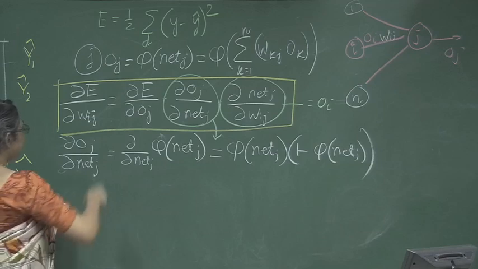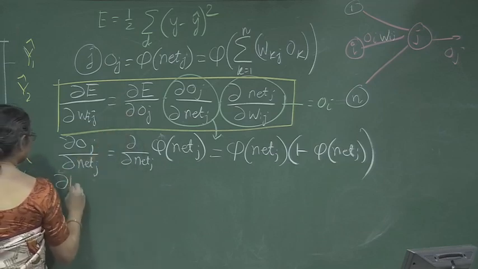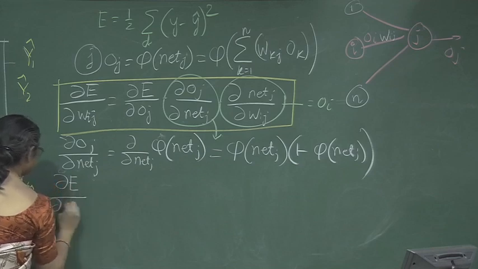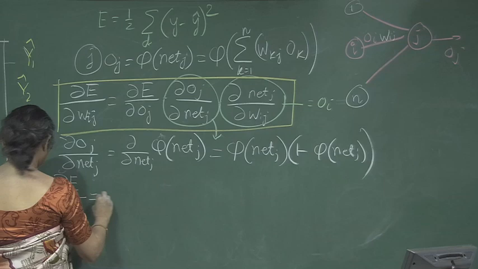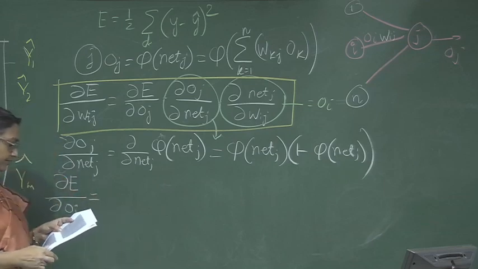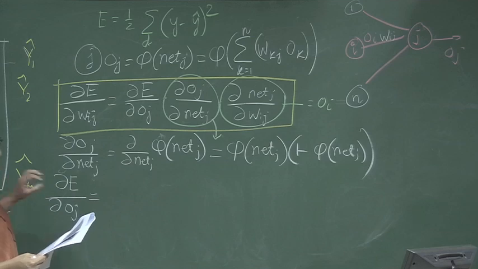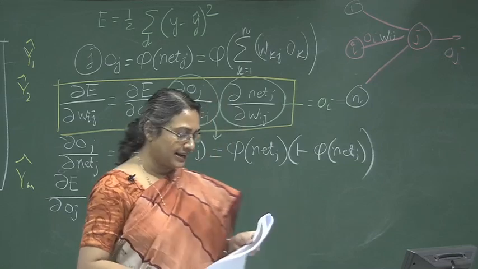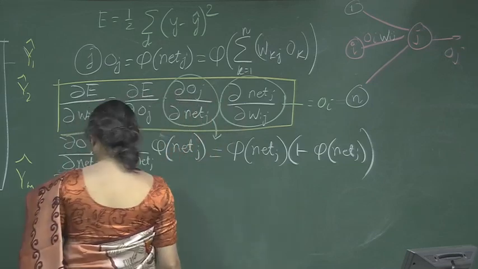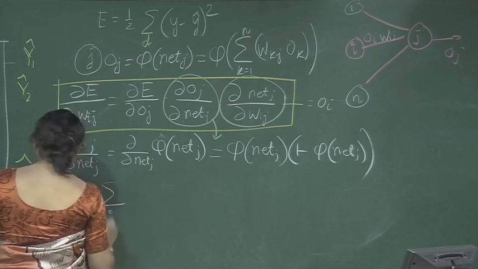Now, let us look at the third term, del E by del oj. We can take the derivative with respect to oj, and we can get a recursive expression of the derivative as follows. This is equal to a summation over i.